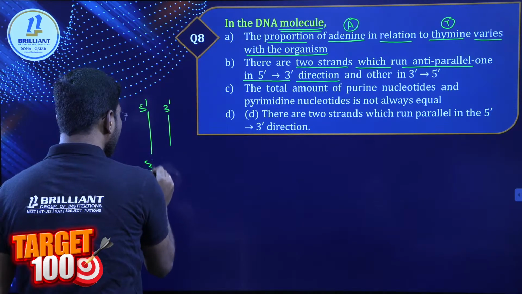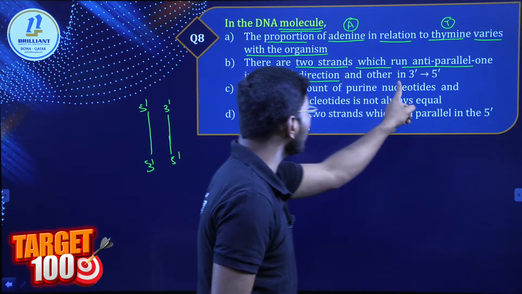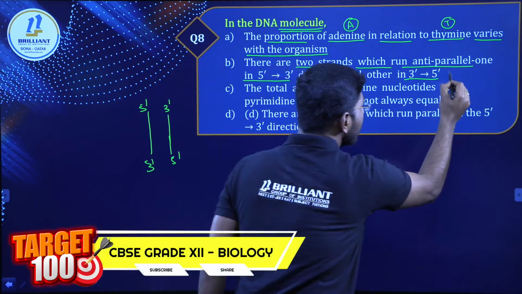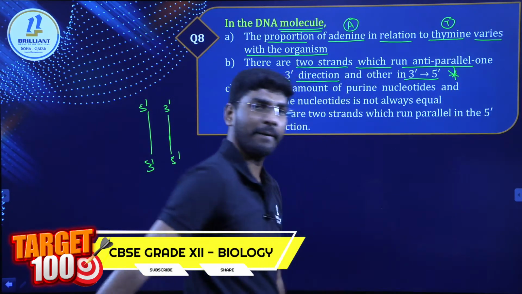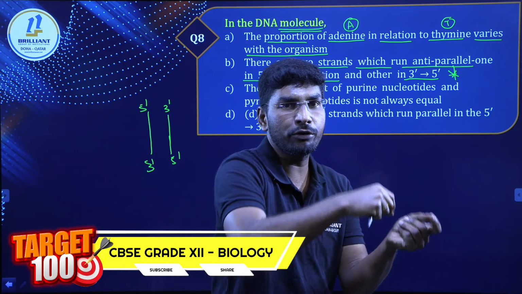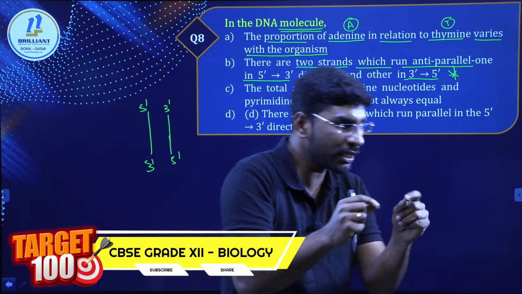Here I am writing 3' and this 5', anti-parallel. The other one is 3' to 5'. This statement is correct, right? One is 5' to 3' and one is 3' to 5'. Anti-parallel in nature, it's right.